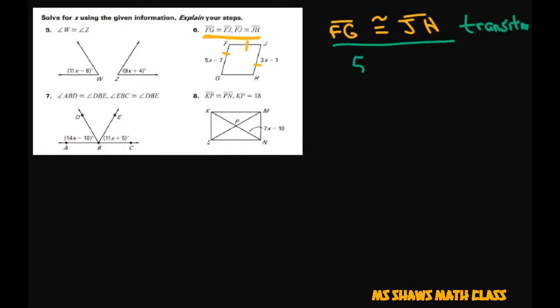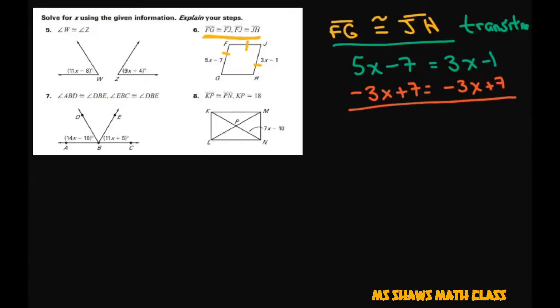And then we just solve for x. And then we use our subtraction property of equality and our addition property of equality to solve for x. And simplify, you get 2x equals 6.